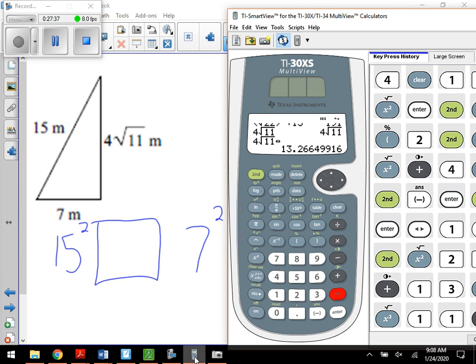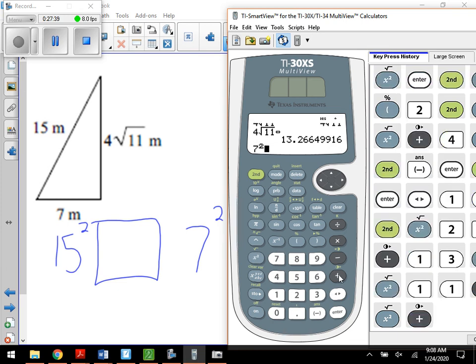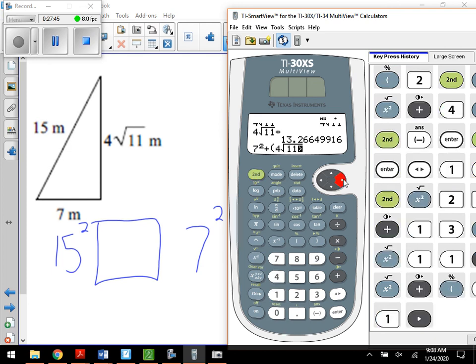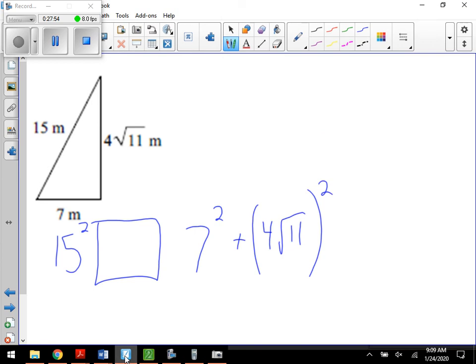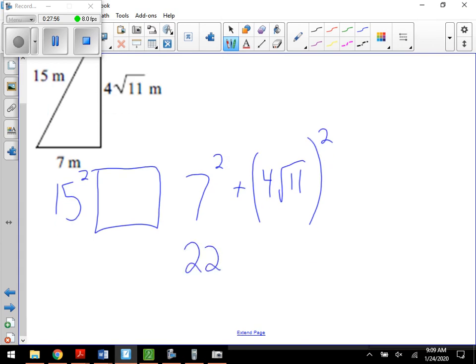So let's see here, 7 squared plus quantity 4 root 11, right arrow, parentheses, square. I get 225. That's correct, which means what kind of a triangle is it? A right angle. Equilateral?